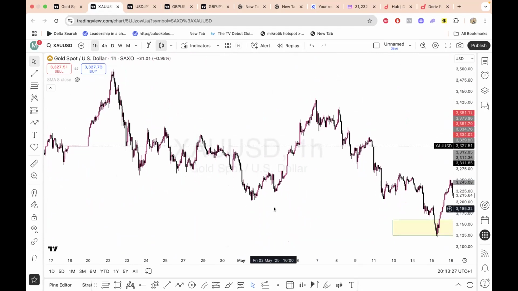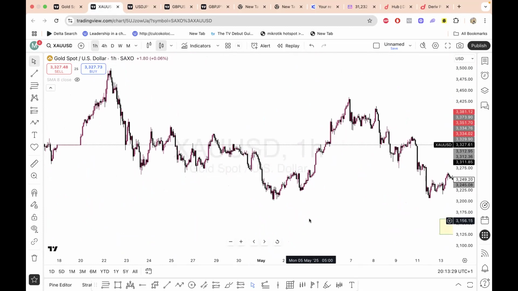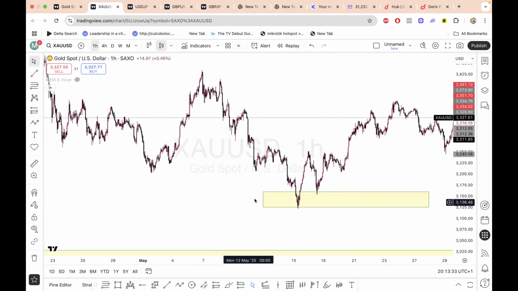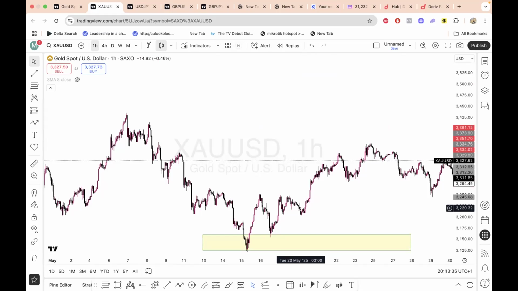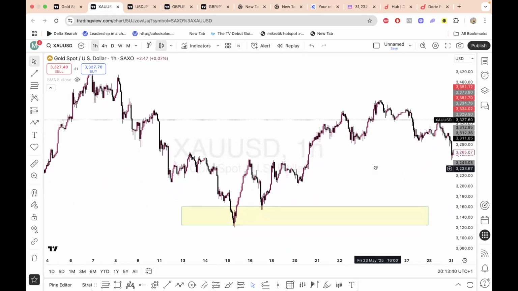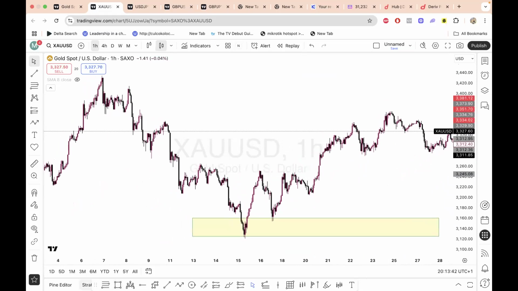Let's see this one. Not a typical one because the trend is still a buy trend. So I'm just going to use this one in between. Yeah, this is okay. Typical. What's happening here?